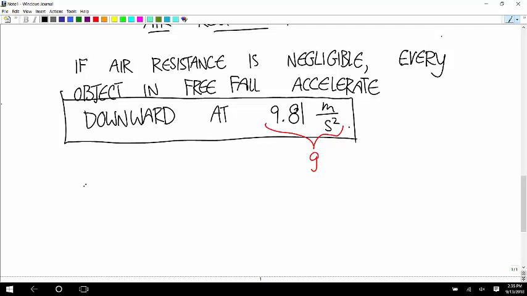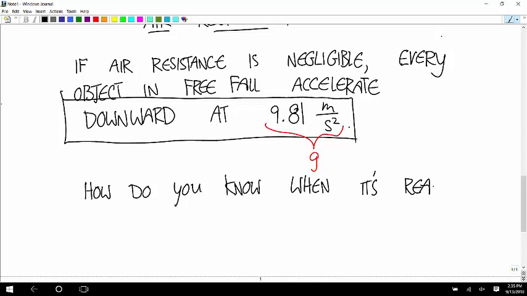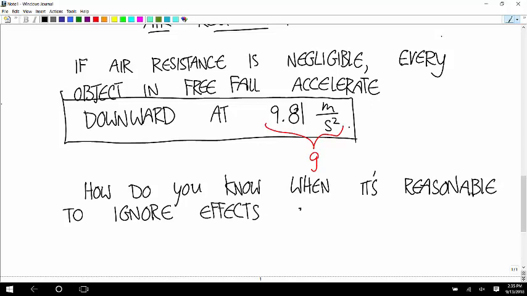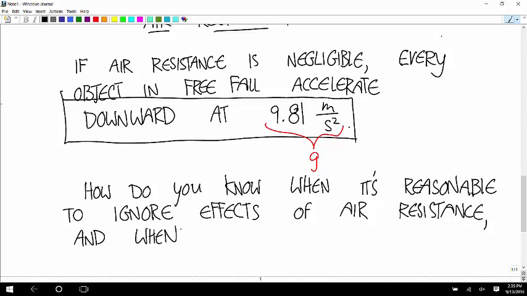So how do you know when it's reasonable to ignore the effects of air resistance, and when that would give you terrible results, when air resistance is really important to the object's motion?